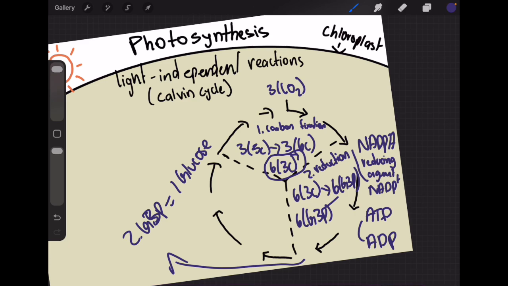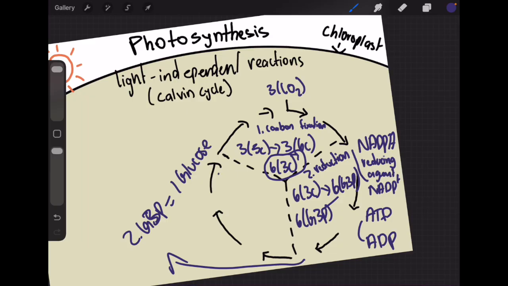Now, what happens is we switch it back. We switch these G3Ps back into the 5 ribulose phosphates that we had initially, right?